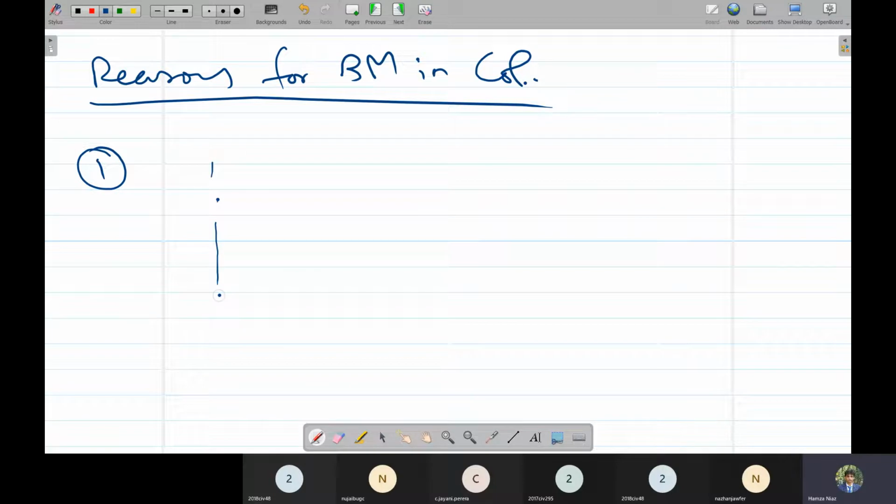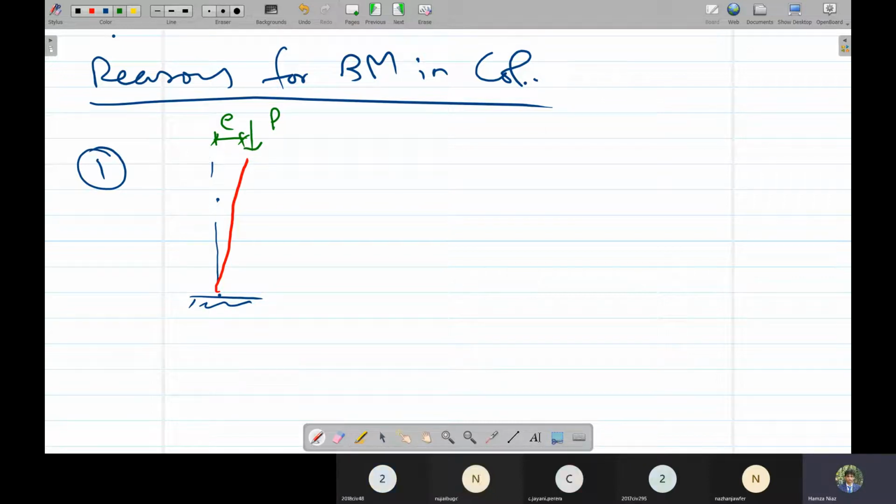For example, this is the center line and this is the vertical line. If a column was constructed a little imperfect, or not initially vertical, leaning a bit to one side, then the load will have some eccentricity from the center line, and a bending moment would be generated, which would be P times e.